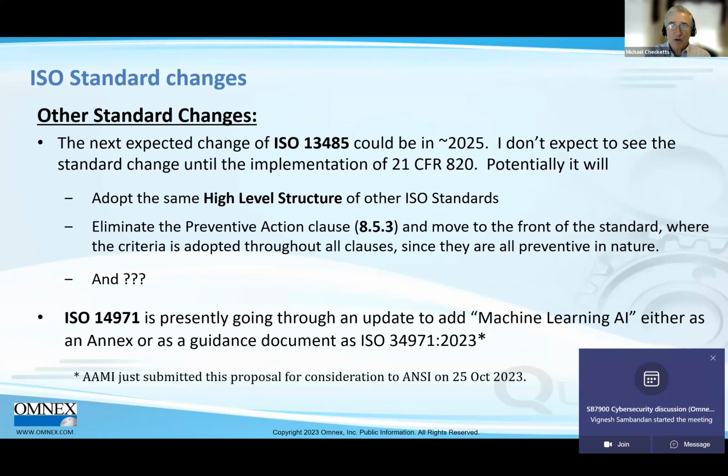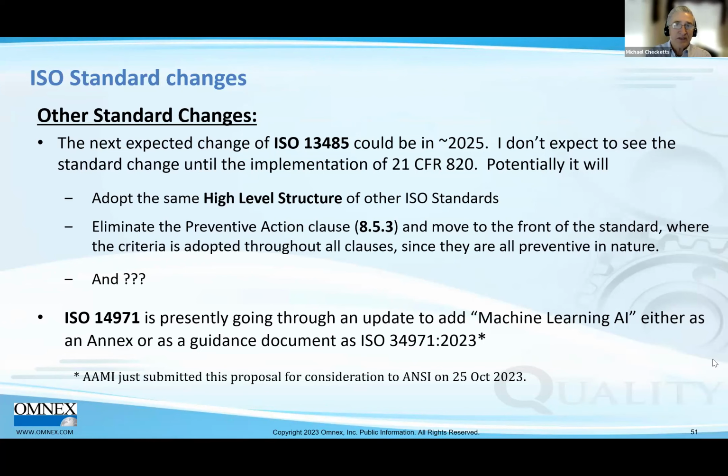As you are aware, all clauses in 1345 are preventive in nature. So if 8.5.3 is adopted throughout the change, it becomes redundant to include it as a separate clause by itself. And question mark, who knows what else is coming? We're discussing a lot of things, but nothing real definitive as yet.